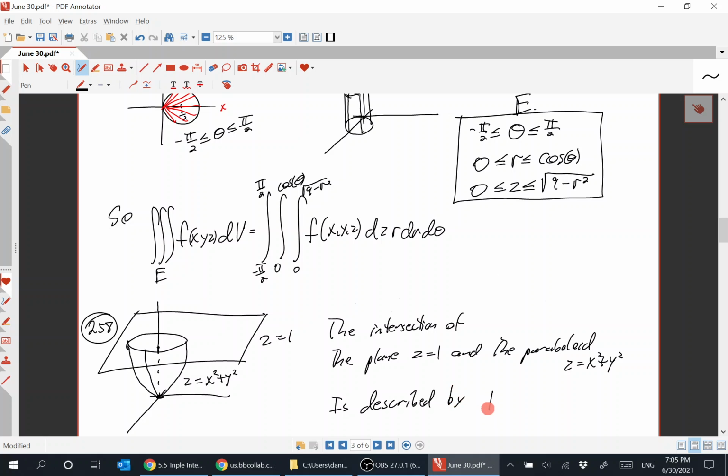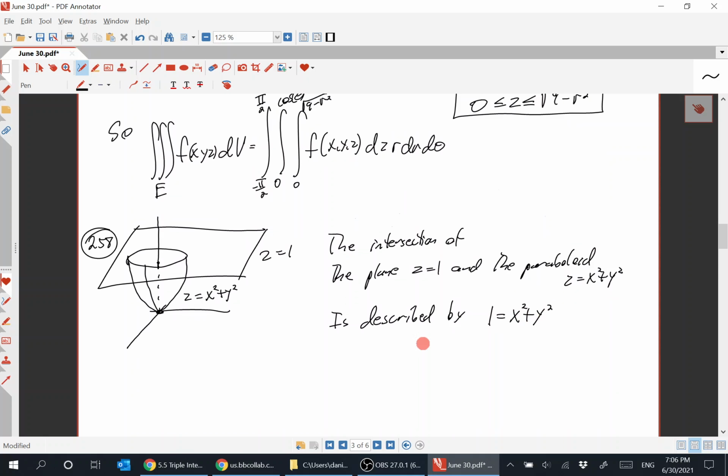So it's described by 1 equals x squared plus y squared, right, which is the circle of radius 1.